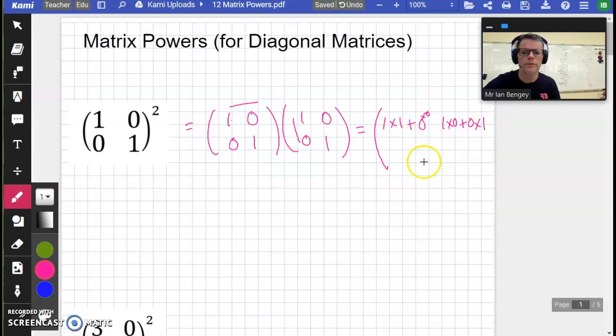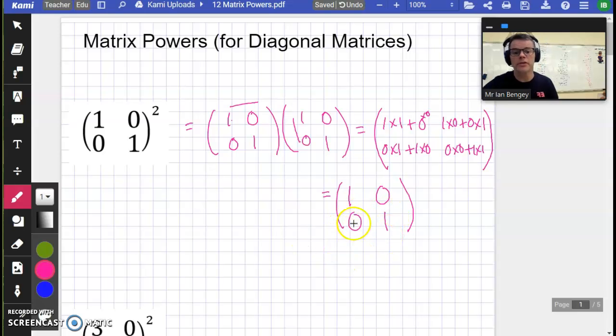I should have put 0 times 0 there, I suppose. 0 times 1 plus 1 times 0 in bottom left, and 0 times 0 plus 1 times 1 in the bottom right position. And no surprises, the identity matrix squared is 1, 0, 0, 1. So it's almost like the matrix equivalent of just 1 times 1 is 1. There it is. So that's the power of the identity matrix.